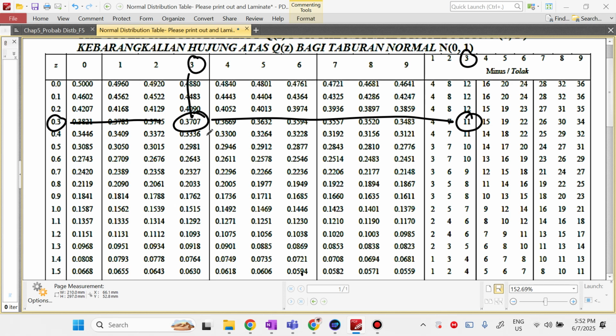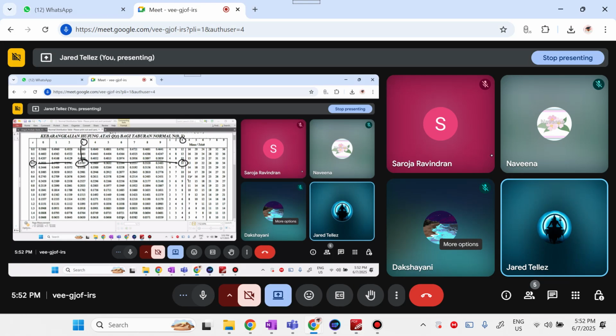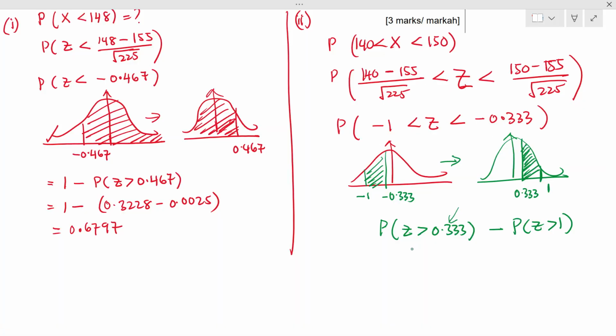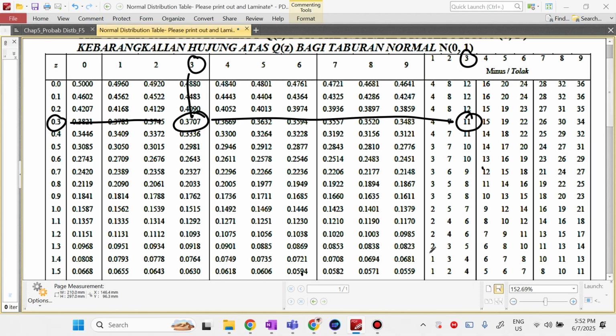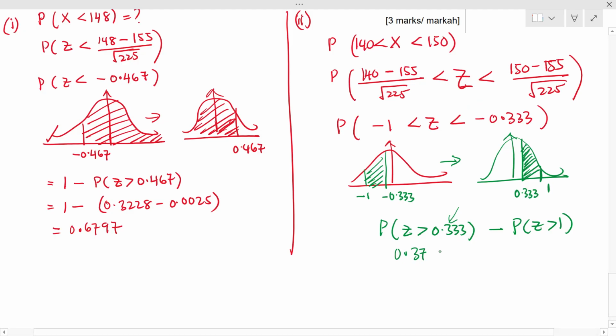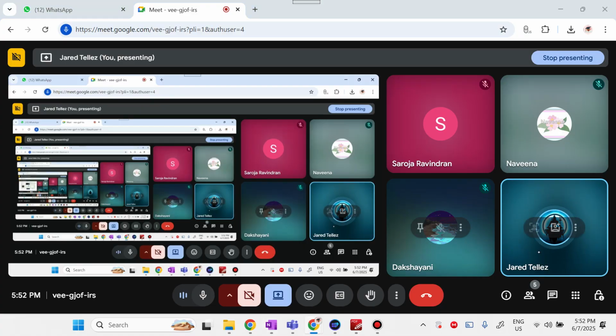So 0.3707 minus 11. 3707 minus 11. Minus 11 means 0.0011. Minus probability Z greater than 1.